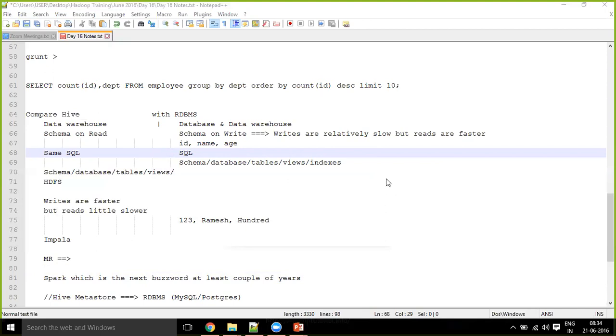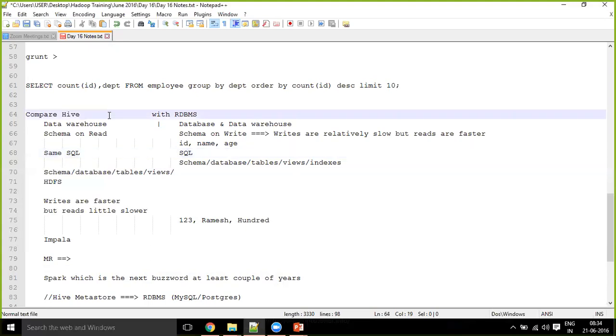Like, understand what is data warehouse, what is database, what is table, what is views, what is called schema, what is star schema, what is snowflake schema. Those all things I might not be able to cover in Hive sessions, because that's purely data warehouse sessions. Then these guys will get bored.